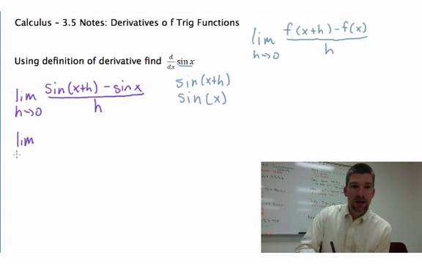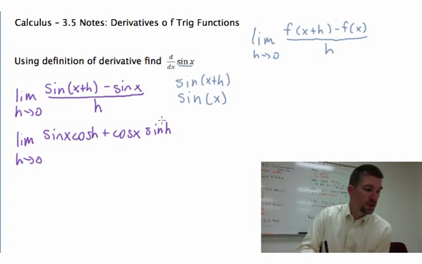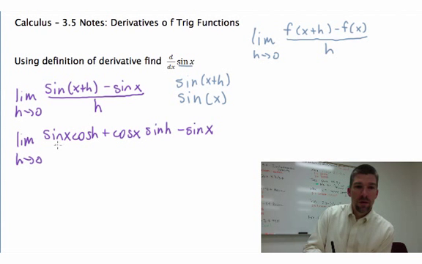And so we can actually rewrite the sine of x plus h as sine x cosine h plus cosine x sine h. And then we're going to finish that off with a minus sine x. All this is over h.